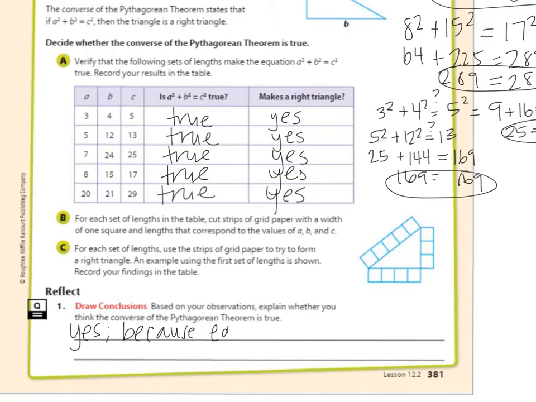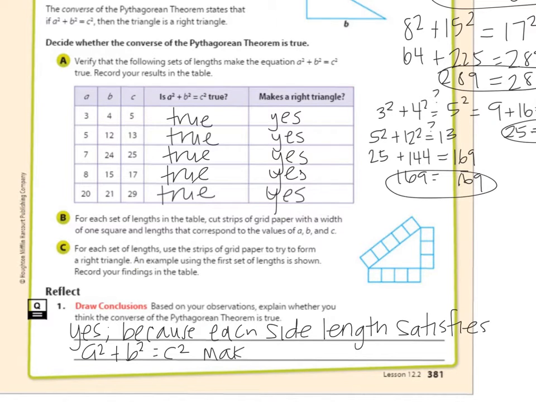Because each side length satisfies, I think I spelled that right, satisfies a squared plus b squared equals c squared, making a right triangle. I'm going to run out of room.